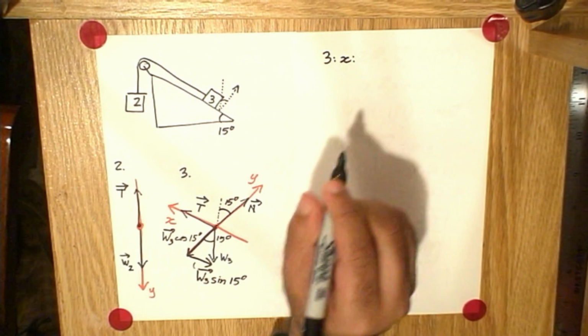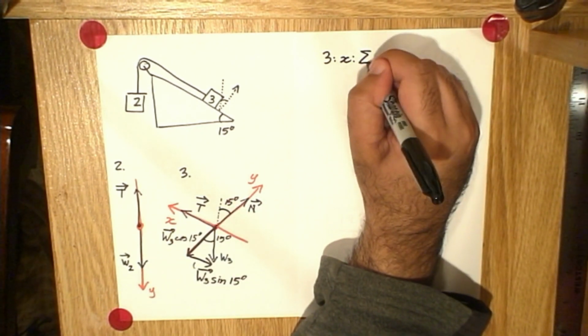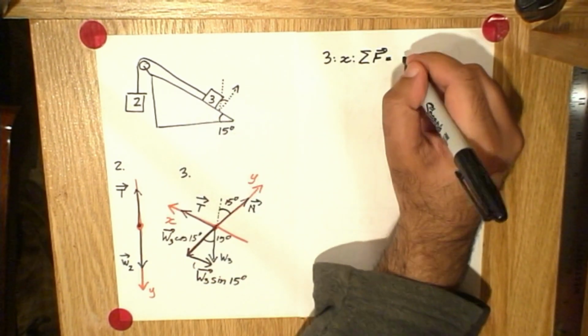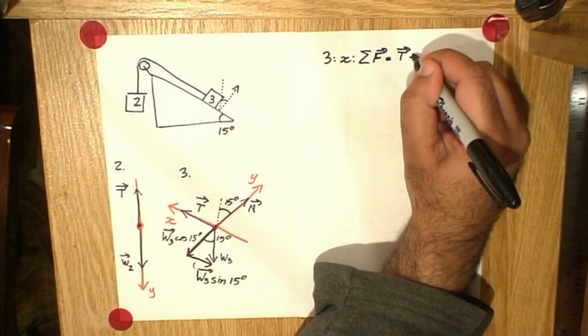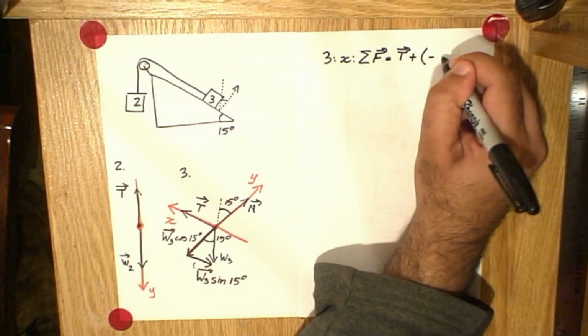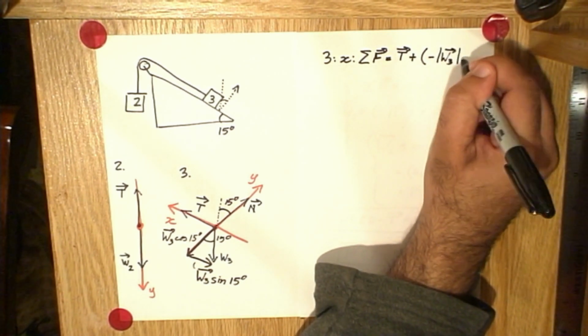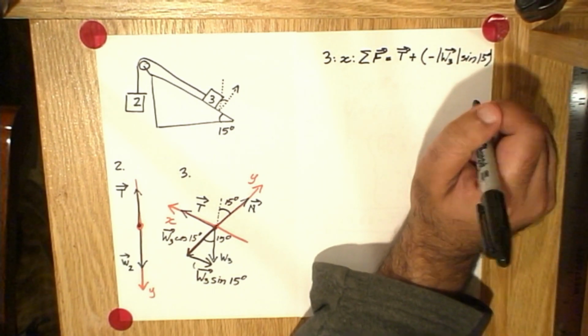The interesting stuff is happening in the x direction, where we have the total force being given by the tension, which is pointed up the ramp, plus negative weight 3 times the sine of 15 degrees pointed down the ramp.